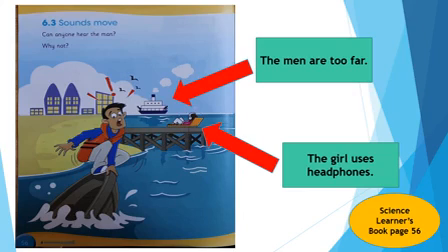Therefore, they cannot hear the shout or the sound. While the second one, the girl, even though she is near, still uses her headphones. Therefore, the headphones stop the ear from hearing the sounds from the boy who shouts for help.